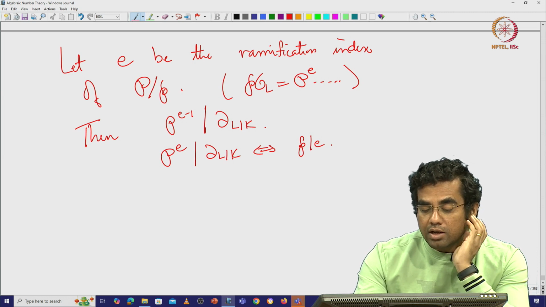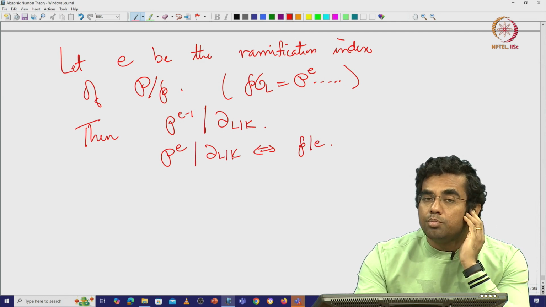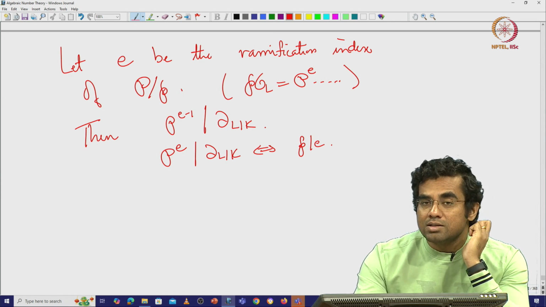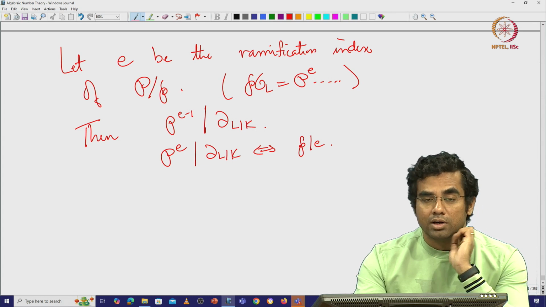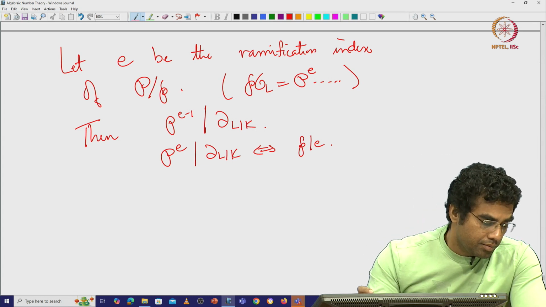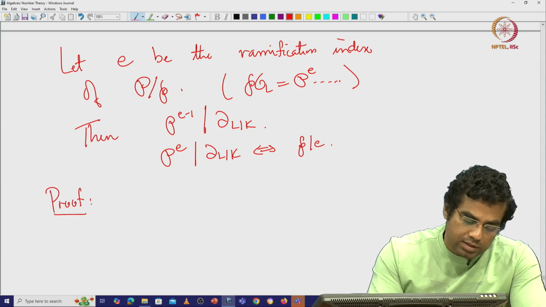So this means that if e is equal to 1, then P to the e minus 1 is the largest power of P dividing the different. It means that P does not divide the different. Okay. All right. So let me give a proof of this and then we will discuss its corollaries.